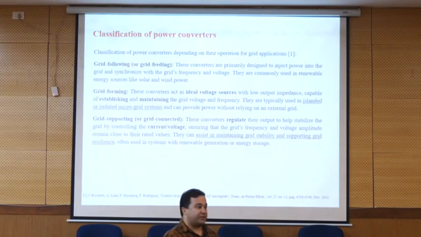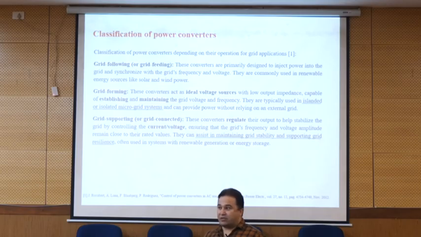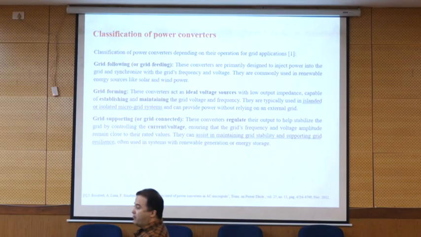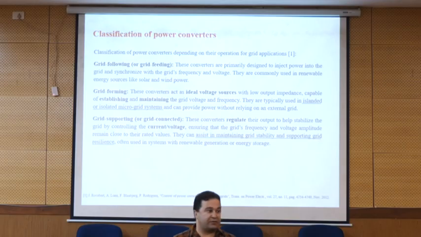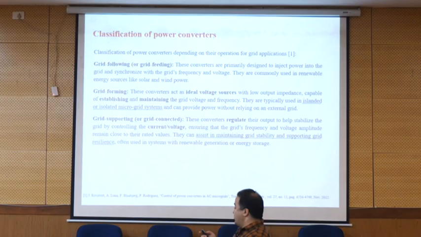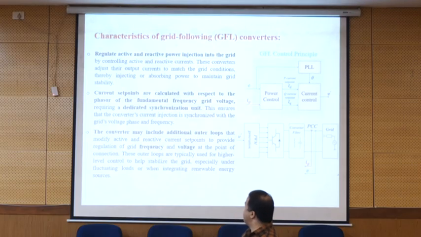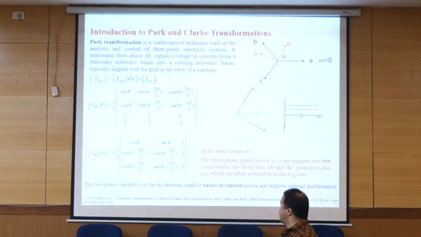And what is the grid following converter? This is the type of conversion system which acts as a current source. What is grid connected? It is the type of conversion system that can act as a voltage or current source in the network.